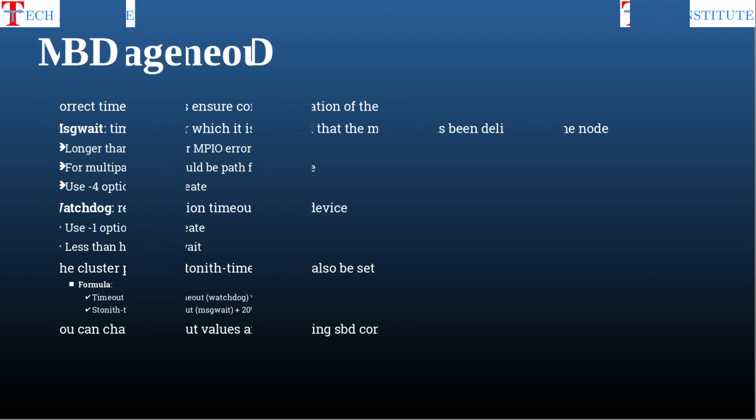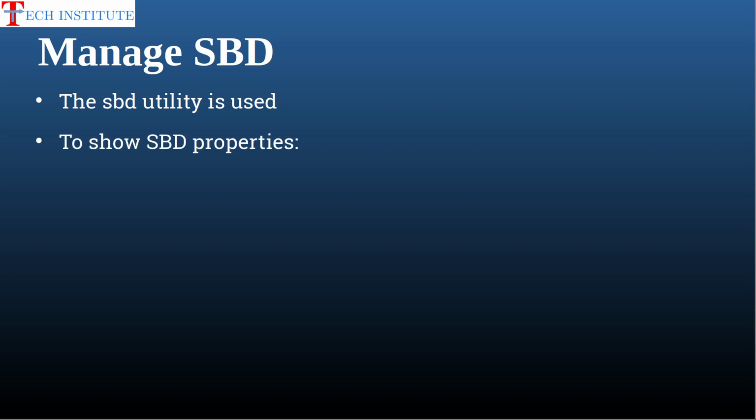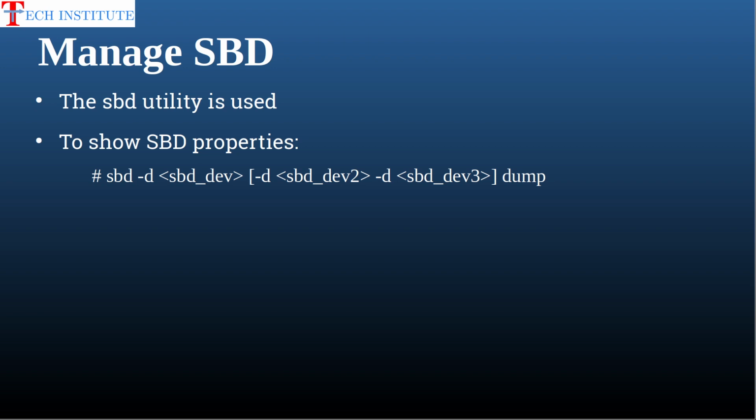Now, as we have seen how you can create or configure a disk-based SBD and the timeouts, let's see how you can manage the SBD. There's an SBD utility that you can use to manage it. So if you want to see the SBD properties, the command will be like sbd -d, and you put the device name, let's say /dev/hdc, that's your SBD device, and then you put dump.